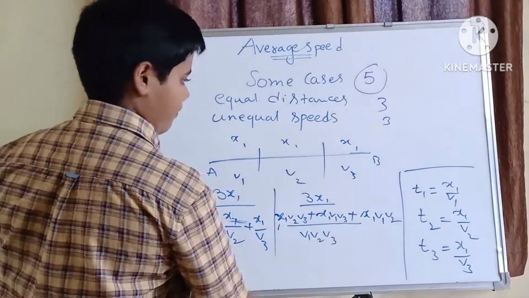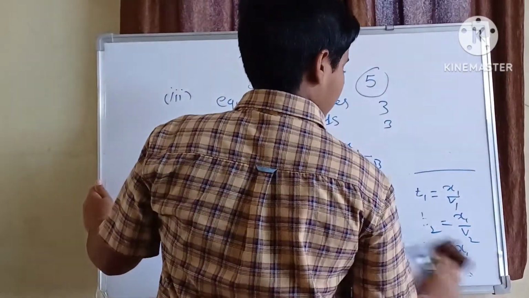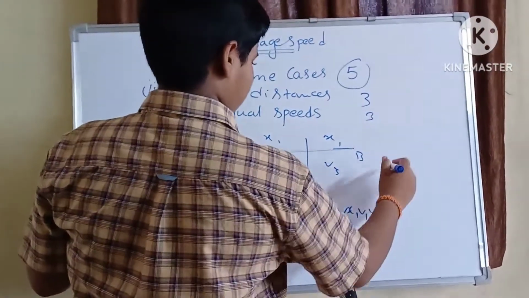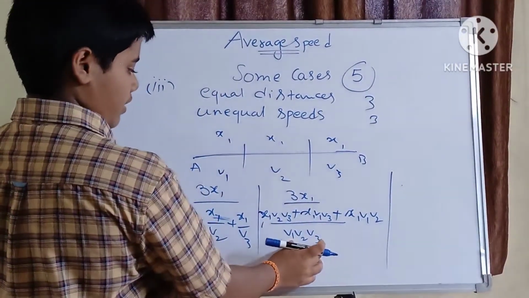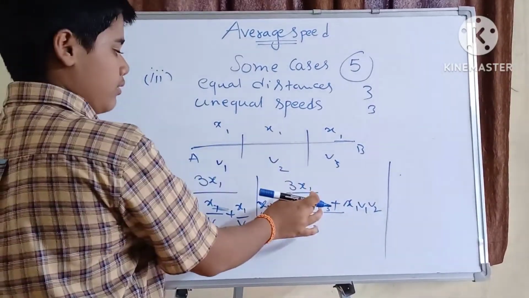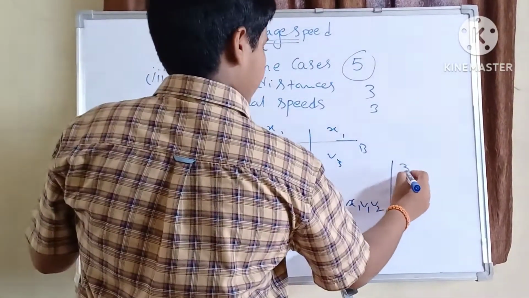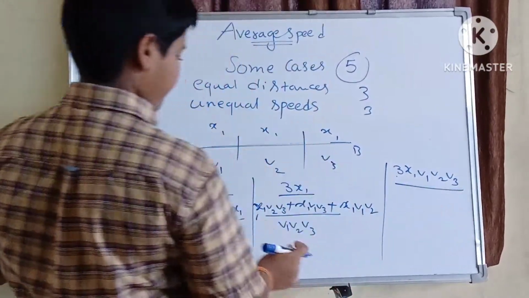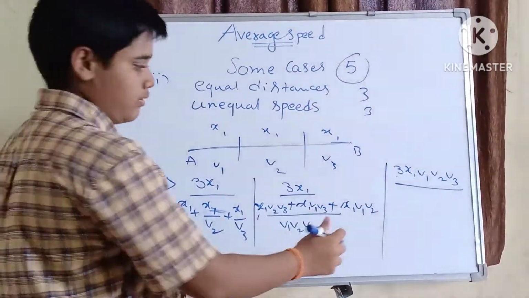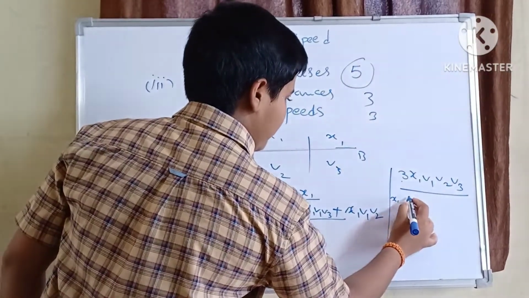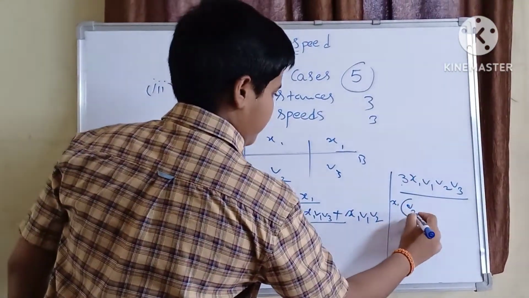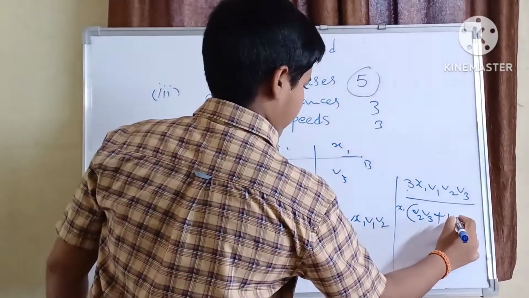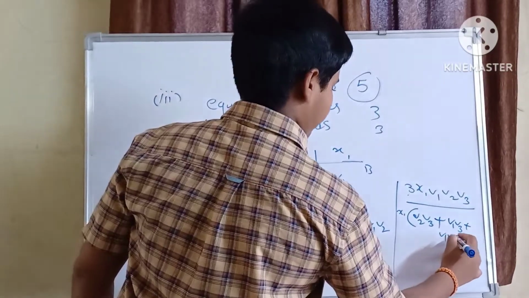Now the v1 v2 v3 reciprocal goes to 3x1, so 3x1 v1 v2 v3 by x1 common, v2 v3 plus v1 v3 plus v1 v2.